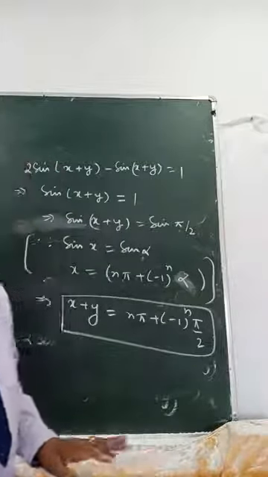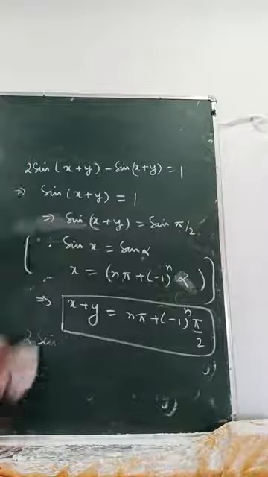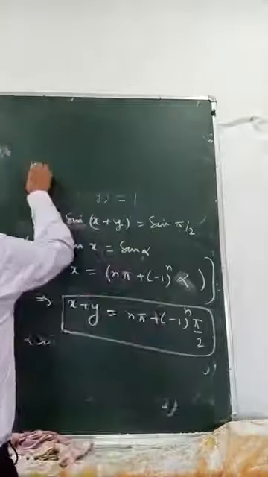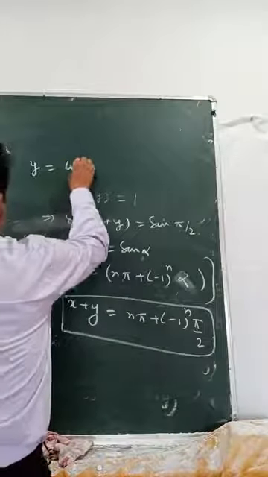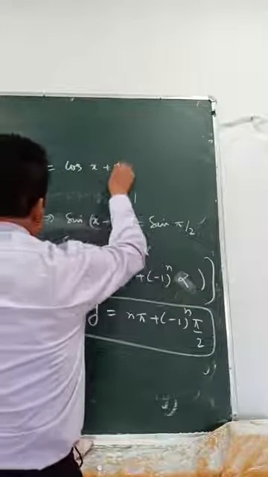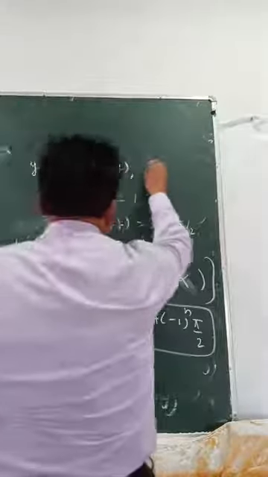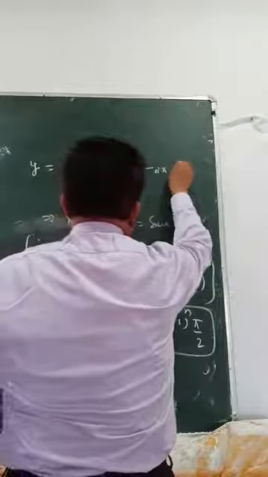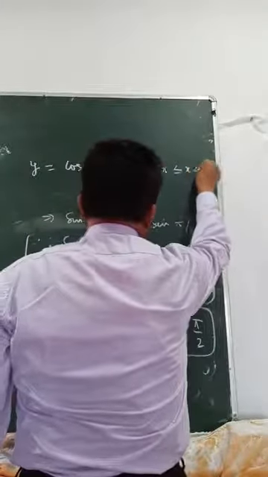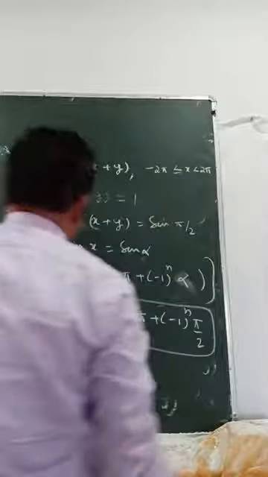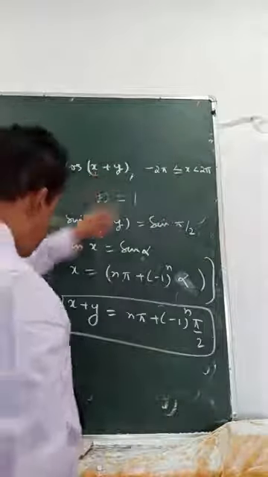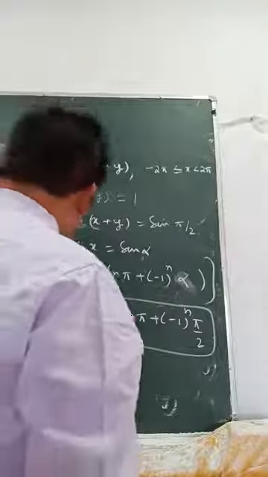How to find them? Now back to the given question. The question is y equals cos(x plus y) and minus 2 pi less than or equal to x less than or equal to 2 pi. So in place of x plus y, what shall I write?